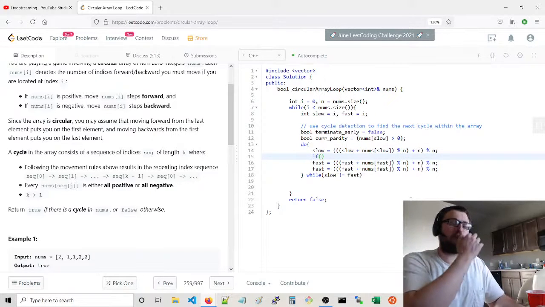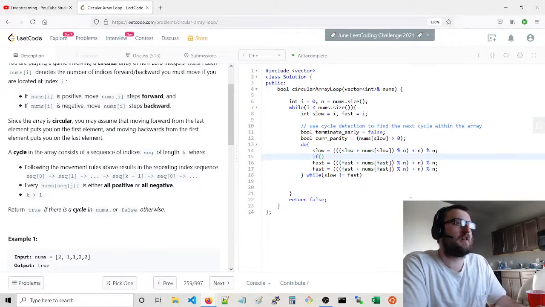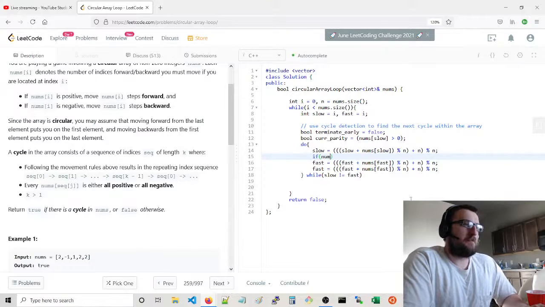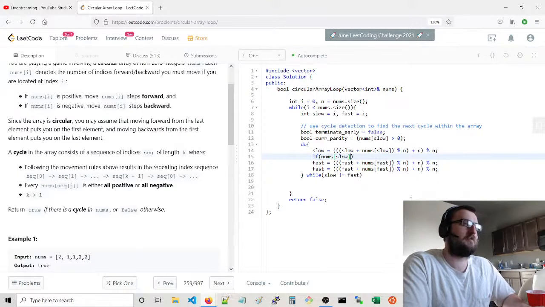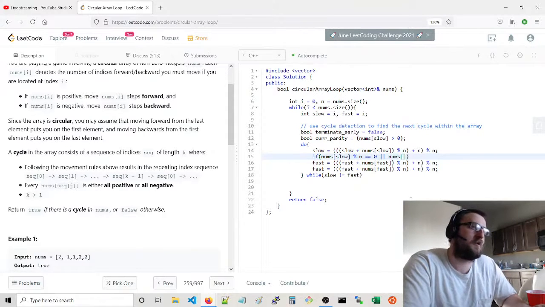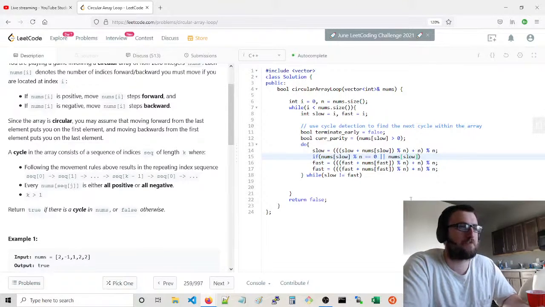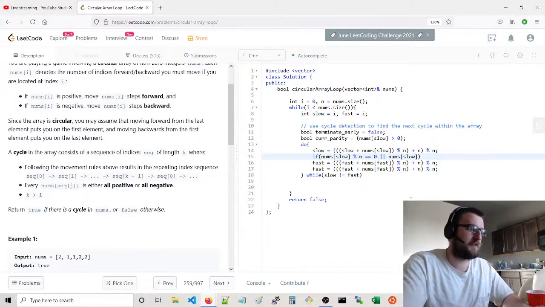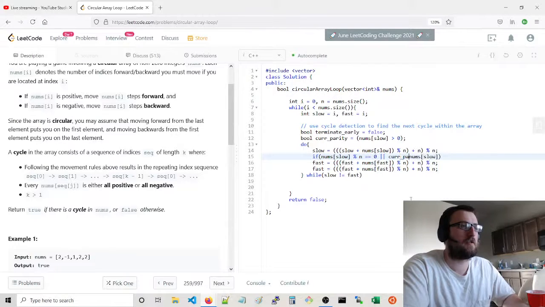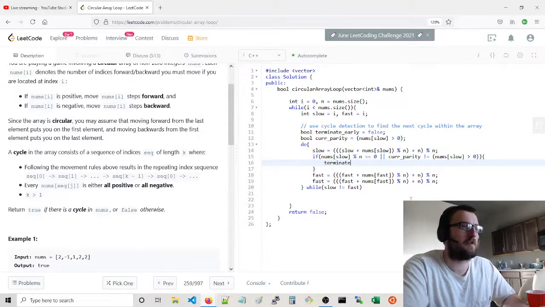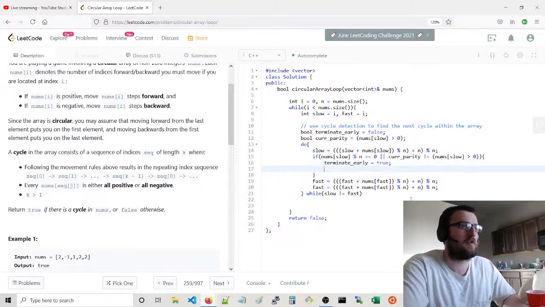If nums of slow modulo n equals 0, or if the current parity is not equal to nums of slow greater than 0, then we say terminate early and break.